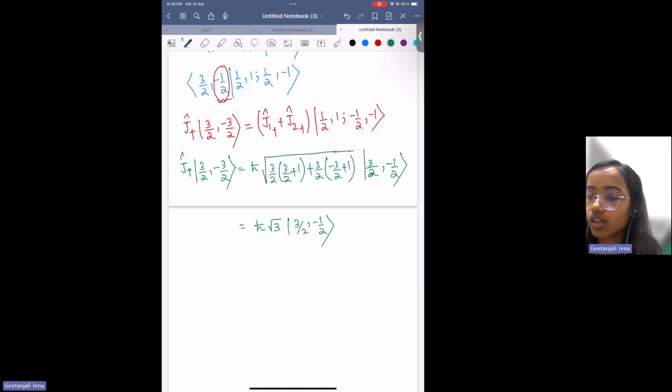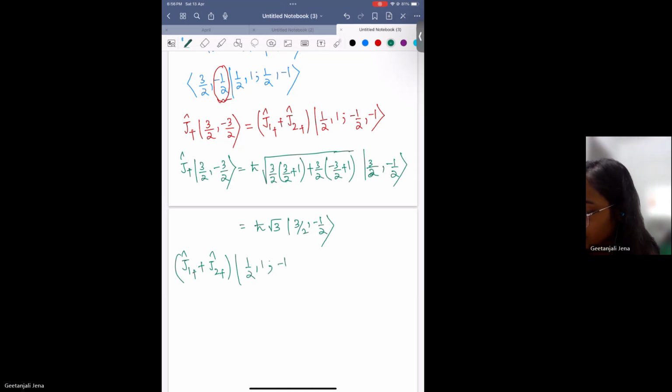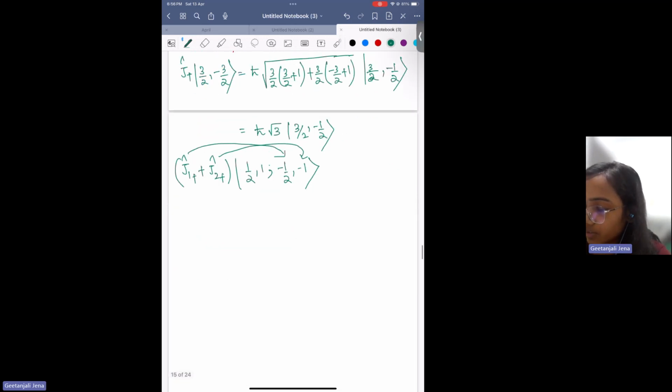Now you have to calculate the right hand side. So the right hand side will be J1 plus J2 plus acting on half 1 minus half minus 1. J1 plus will act on M1 and J2 plus will act on the other one, so we will get two terms.